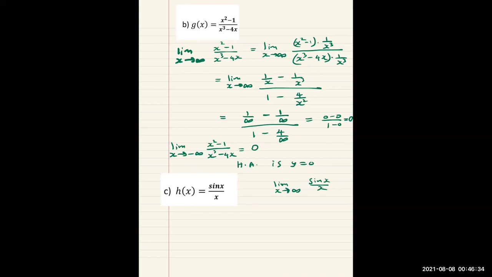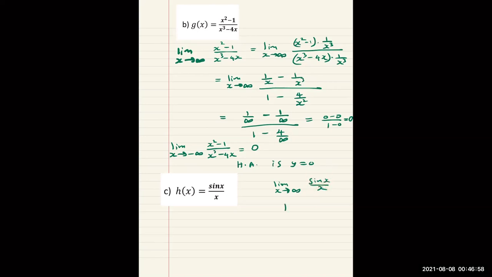This is clear because we know that the function sine x is always between minus 1 and 1, right? Doesn't matter how large x is, this value is always between minus 1 and 1. But as x approaches infinity, your bottom goes to infinity. The top part is a bounded part.